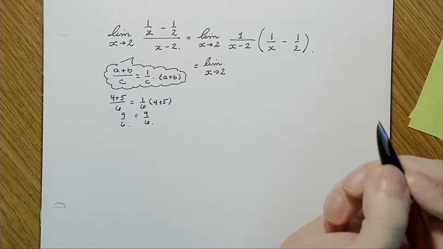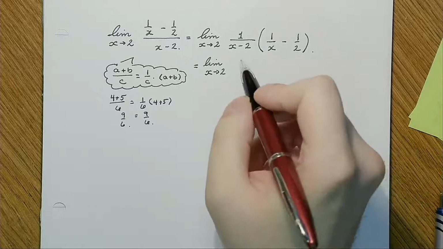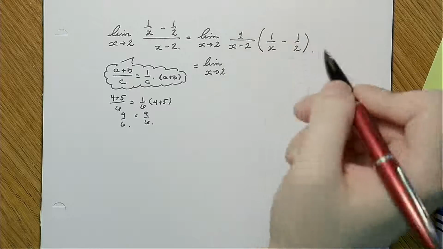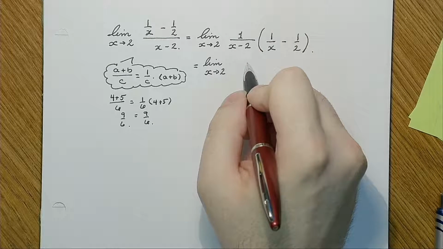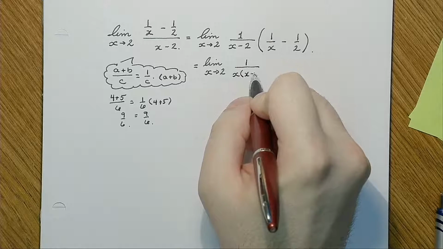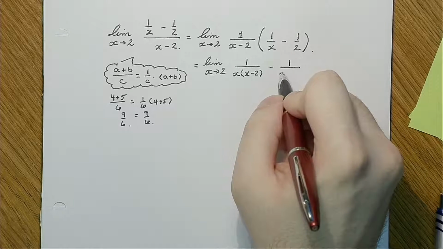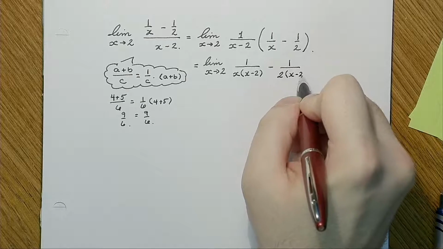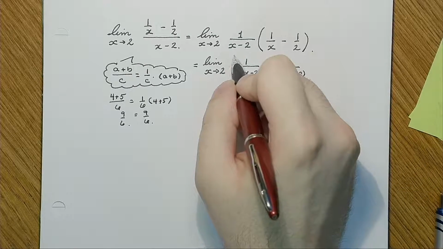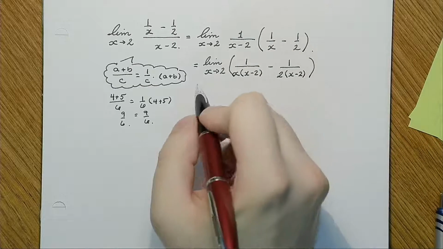That does not look nice. Stop it. Sure, but what I'm going to do now is distribute that. So I'll get 1 over x times x minus 2 minus 1 over 2 times x minus 2. And I want that limit applying to all of this, so that's why I have the brackets around it.